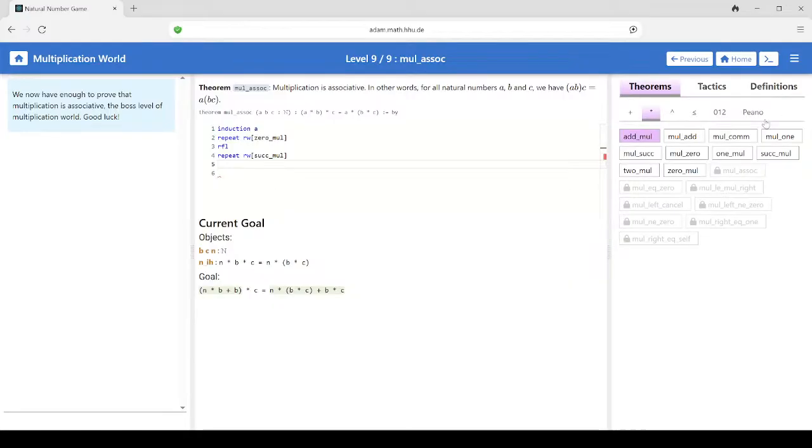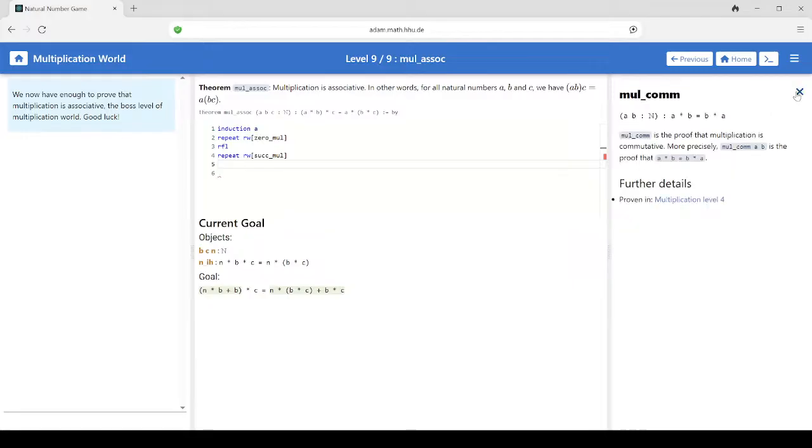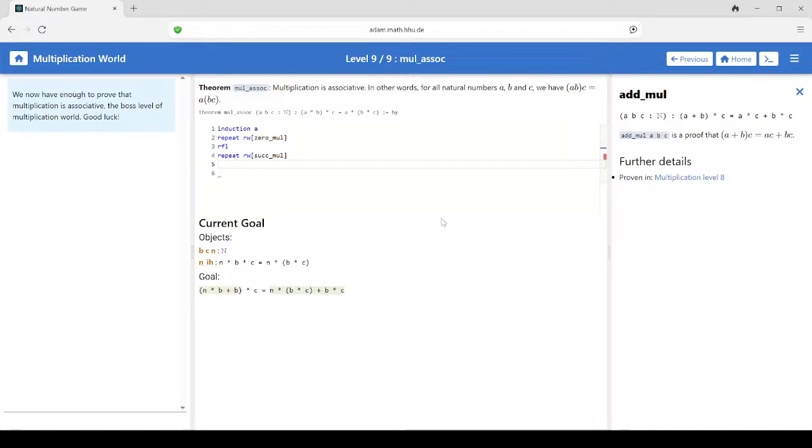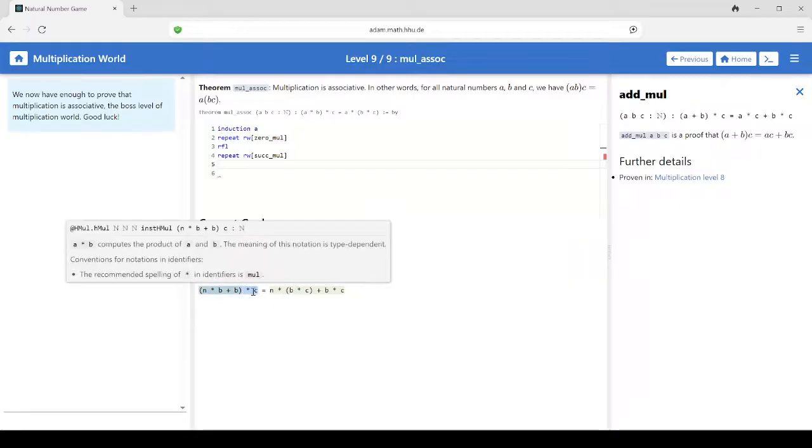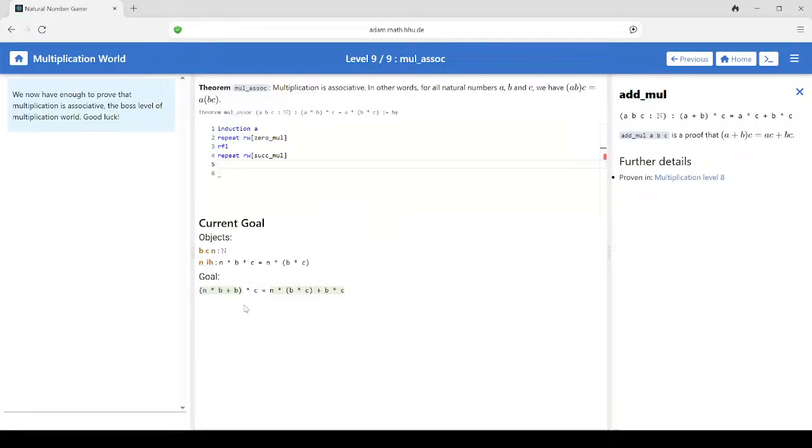Wait. Maybe? Can I distribute this C and turn this into N times B times C and B times C?